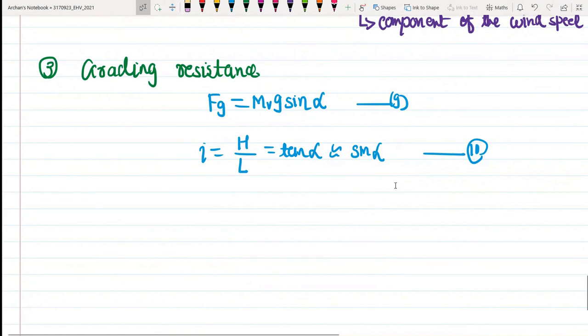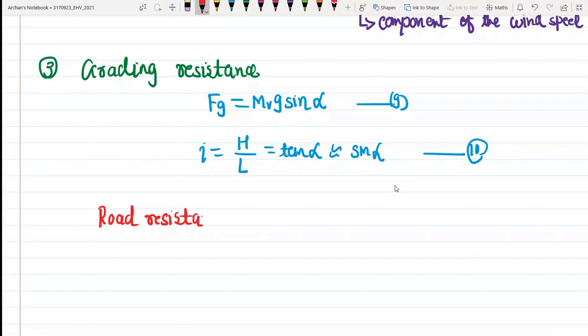In some literature, you will find the tire rolling resistance and grading resistance together called road resistance. In some books or papers, you will find this term road resistance.